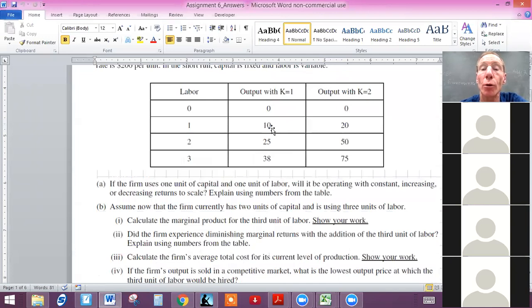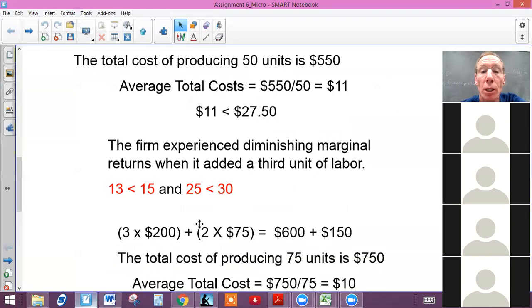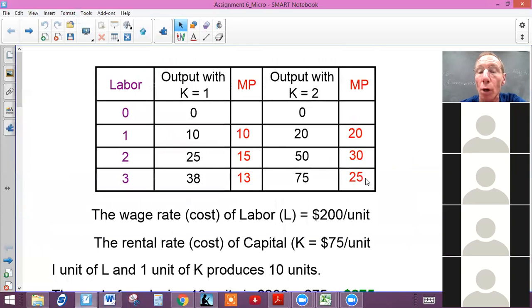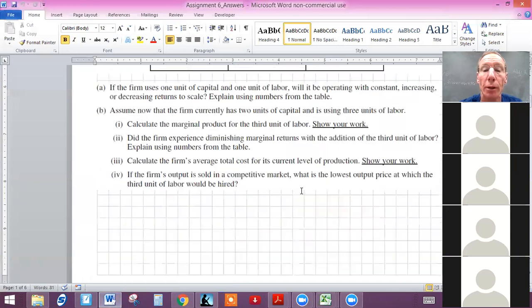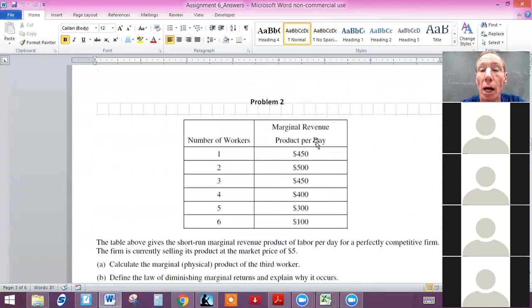So if we were going to put the marginal revenue product up here, for problem 1, it would be 25 times the price, which would be 200. So that 200 is what they're giving you in problem 2. It's the same type of problem, but they're giving you different information. They're giving you price times the marginal product, okay?